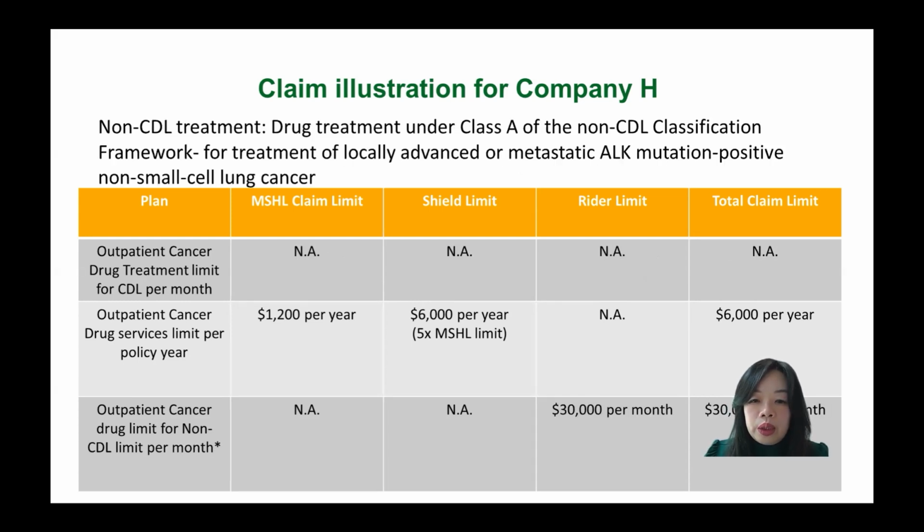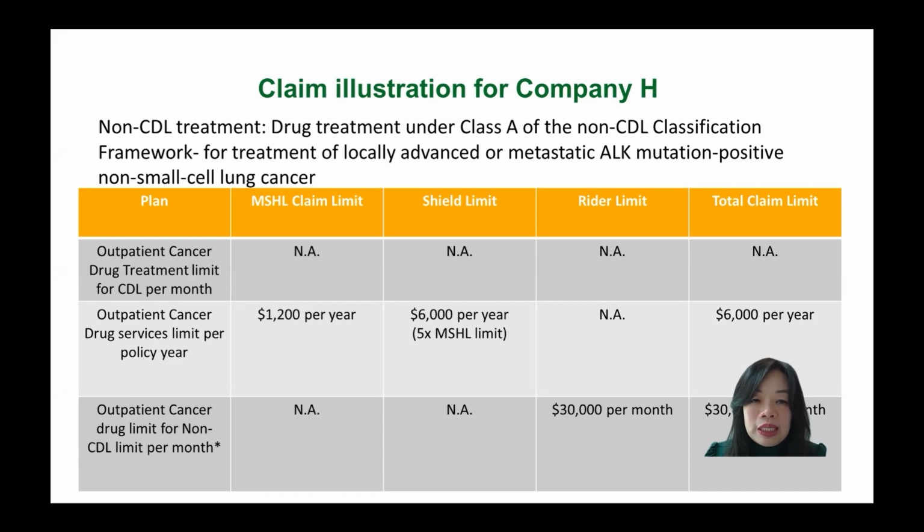Next, I will be showing another claim illustration for company H, assuming a non-CDL treatment is being used. Do note that although the drug is not on the cancer drug list, there's a requirement that the additional cancer drug treatment, the non-CDL benefit, only covers treatments under drug classes A to E according to the LIA non-CDL classification framework.